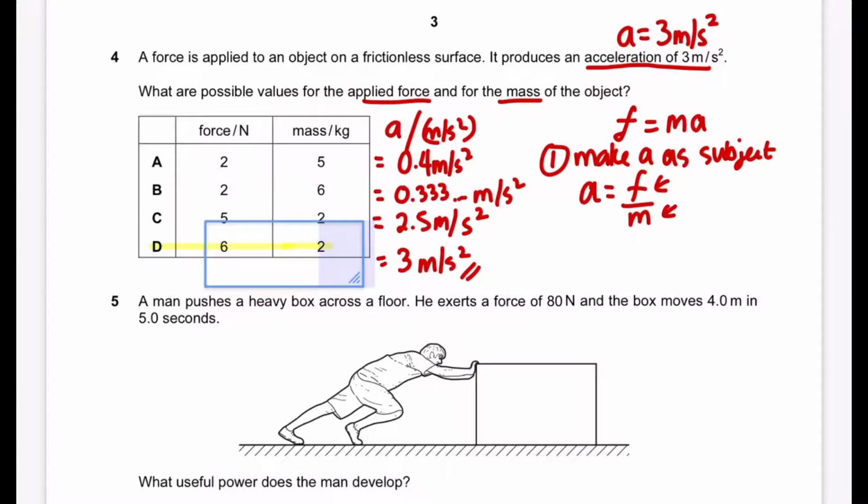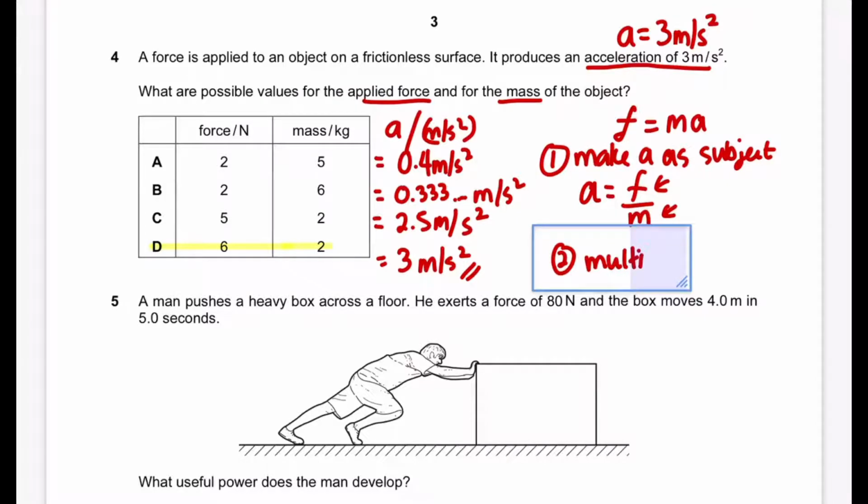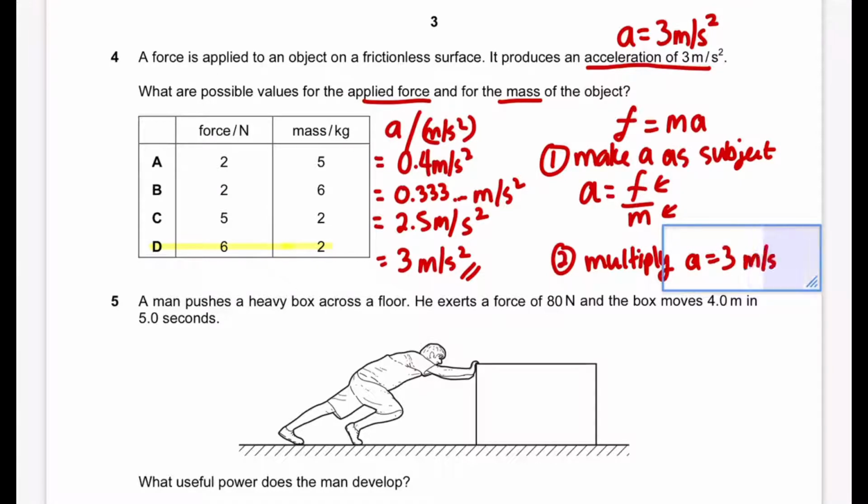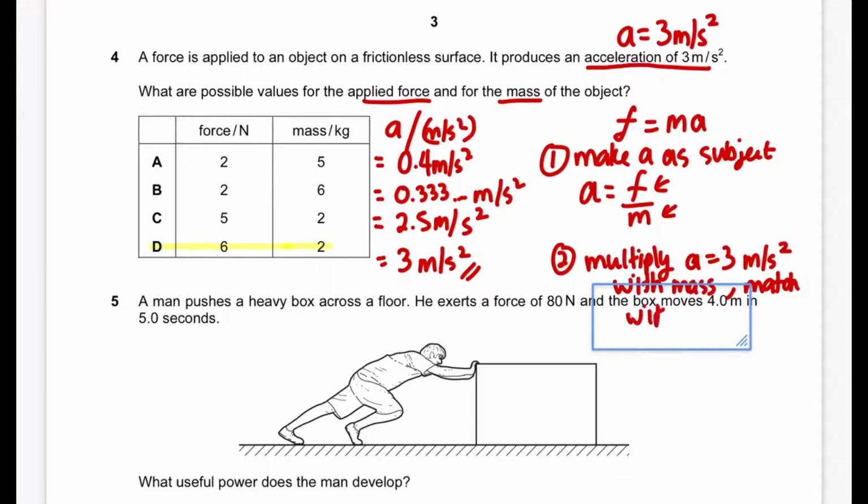The second method is you have to multiply the value A, which is 3 meter per second square, with mass, and match it with the force.